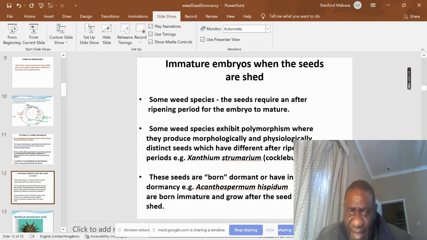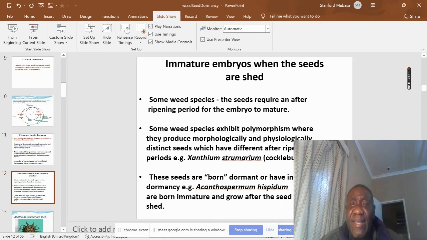Now, some weed species may exhibit what is known as polymorphism, where they produce morphologically and physiologically distinct seeds which have different after ripening periods. For example, the Xanthium strumarium, which is cockleburr. Now, this weed has two types of weed seeds, which are quite different. And this is what is known as polymorphism.